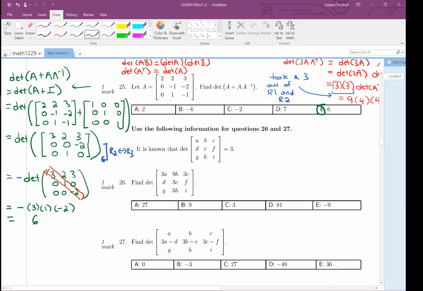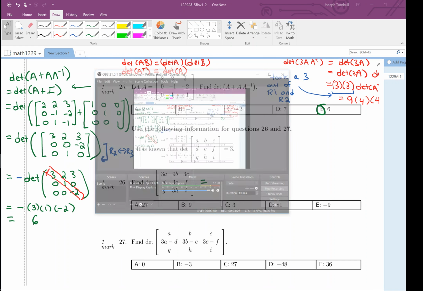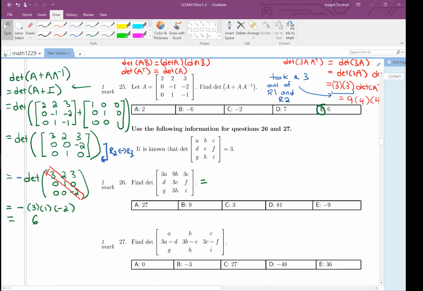So we're going to do a few things. We're going to do common factoring, let's do row 1 first. Out of row 1, I'm going to take a 3 out. So out comes the 3 from row 1. Only row 1, not doing anything else yet.